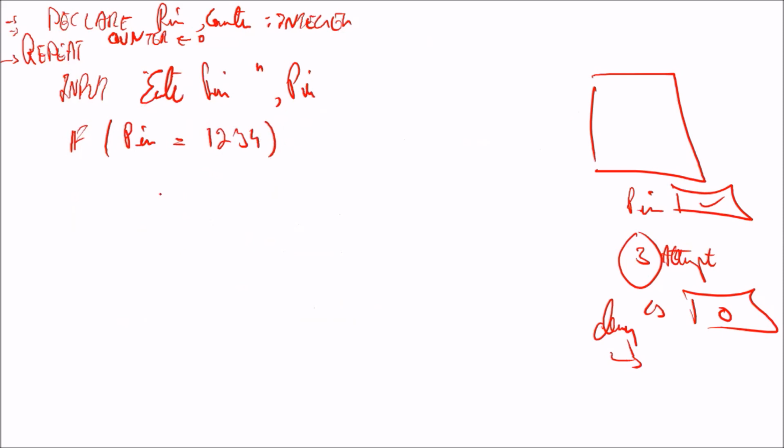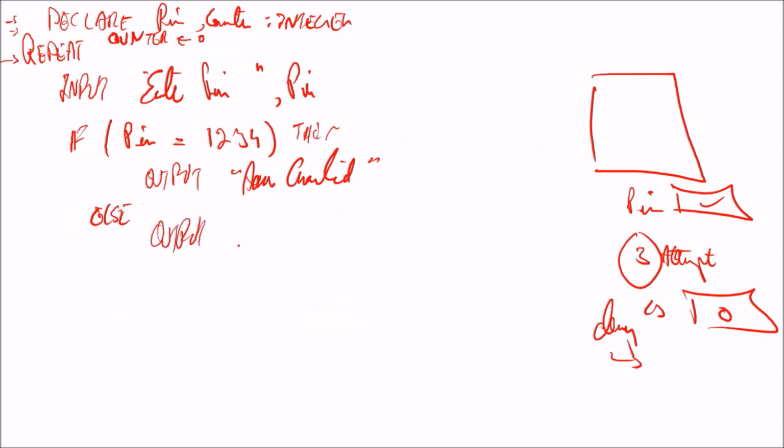Is it equal to 3 1 2, then output access granted, else output access denied, end if.